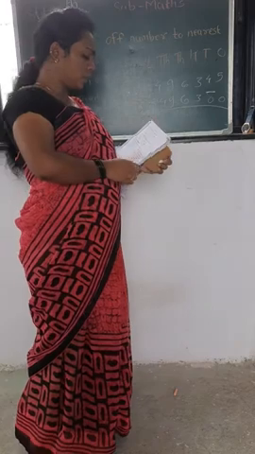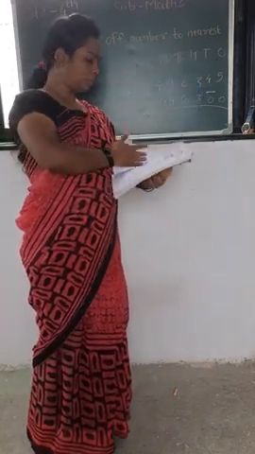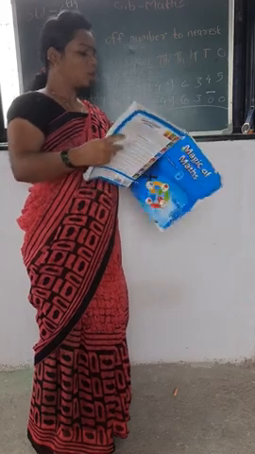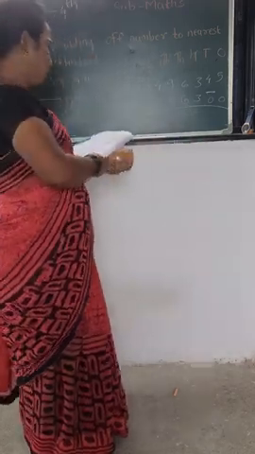Then our next point is rounding off to the nearest thousands.